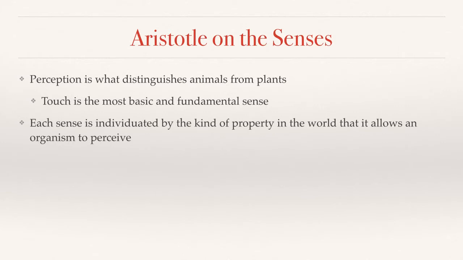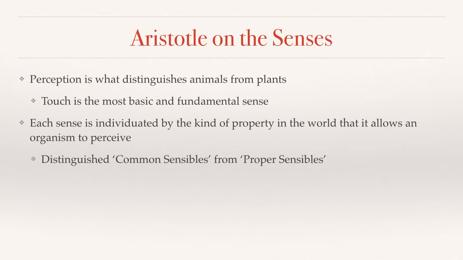So the idea is that there are these various properties in the world, and the sense organs are the things which allow us to be responsive to these properties, and that's what allows us to perceive these things in the world. So that each sense is going to deal with a certain kind of thing out there, according to Aristotle.